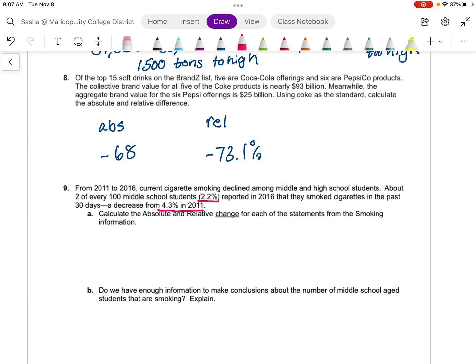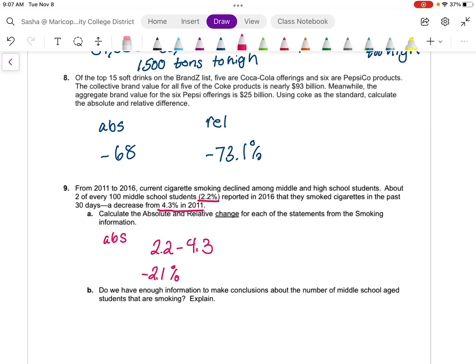I'm subtracting percents. So my absolute change is going to be 2.2 minus 4.3, which came out as negative 2.1%, which basically says the number of middle schoolers smoking went down 2.1%.